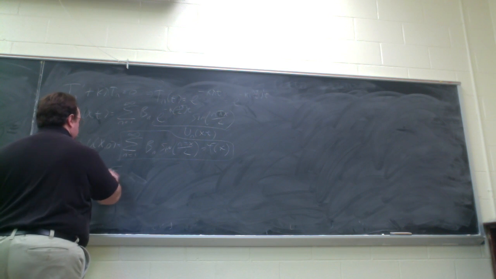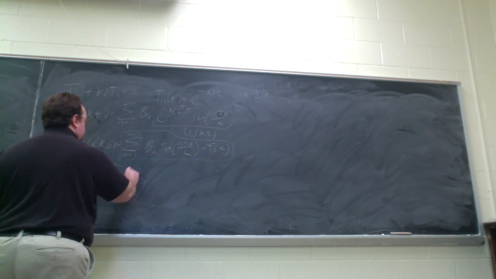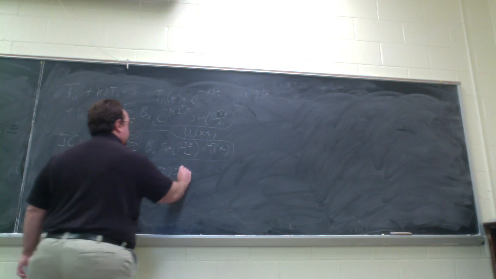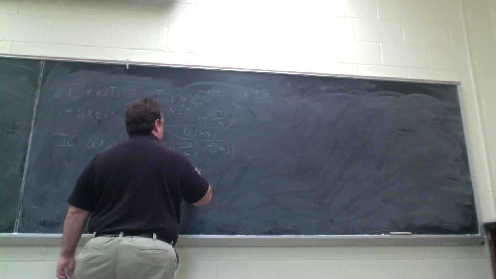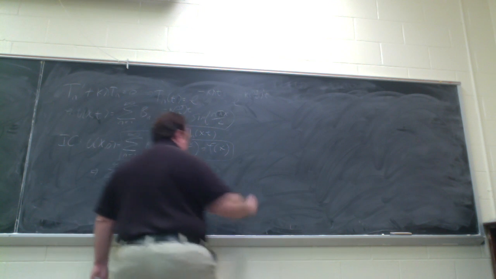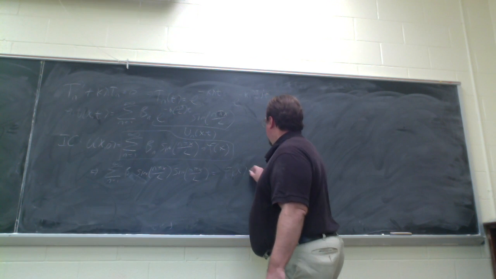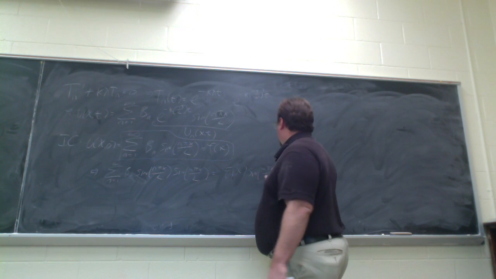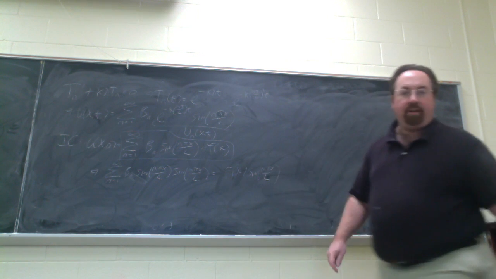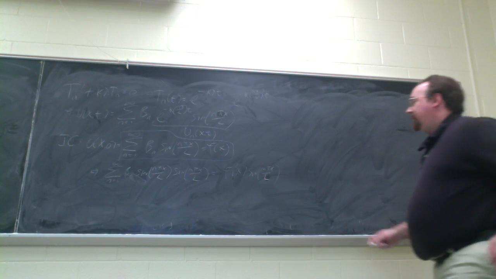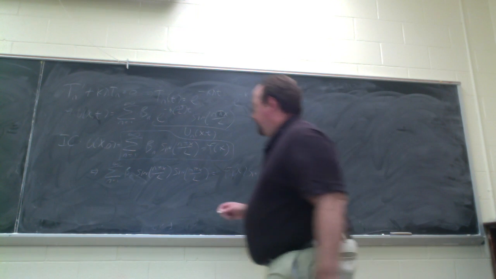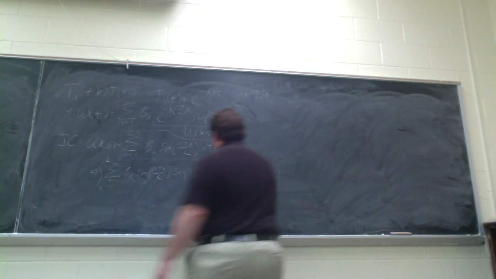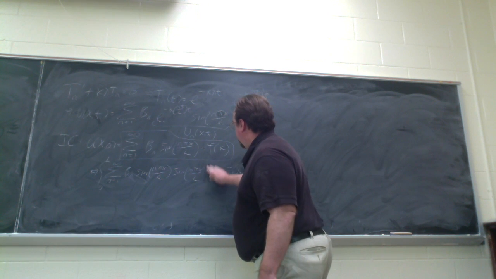So I have Bn sine n pi x over L times sine m pi x over L, and then I'll multiply the right side by that too, sine m pi x over L. Then I'll integrate both sides from 0 to L, just squeezing a dx in here.